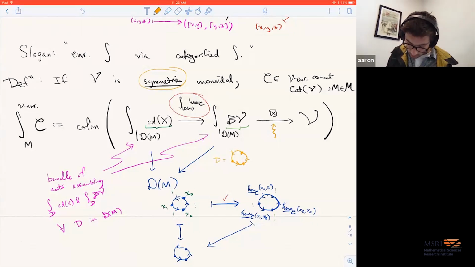And then the edges are labeled by objects of V: I, J, K. And I'm supposed to send this to a single object of V. I want to tensor them all together.